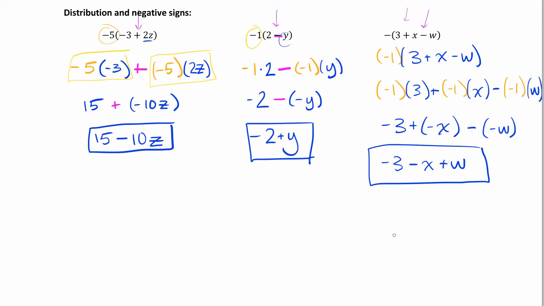You can also think about that as another way to deal with distributing a negative sign, which is this two-step process. So here's an alternative method. Alternate method: you would distribute a negative sign in 2 steps. 1, change the sign of the first term.